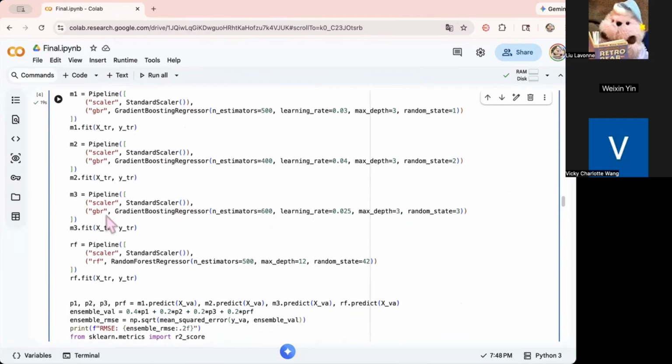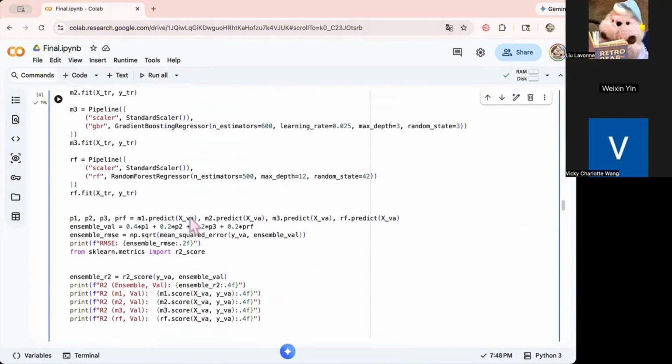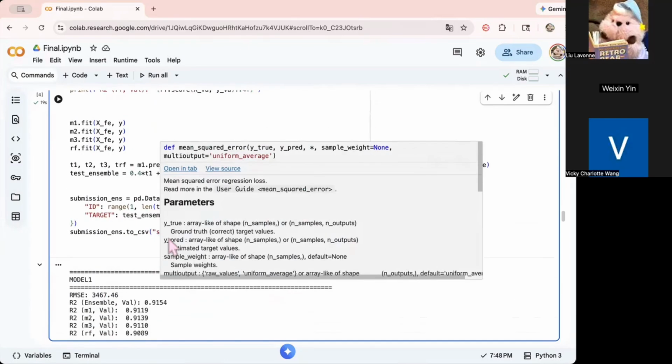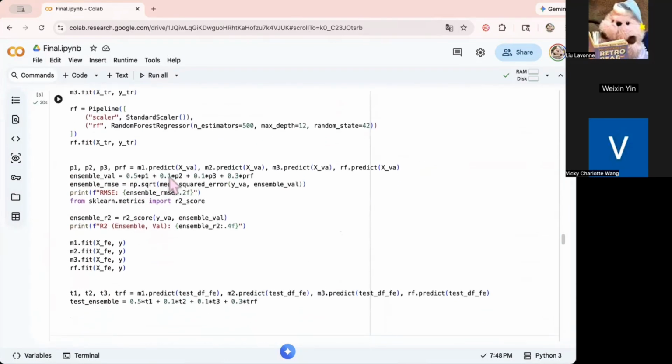Third, we use an automatic search for the best ensemble weights. At first, we used fixed manual weights like 0.4, 0.2, and we tried 0.5 and 0.1, which is simple but may not be optimal. Later, we switched to an automatic method.